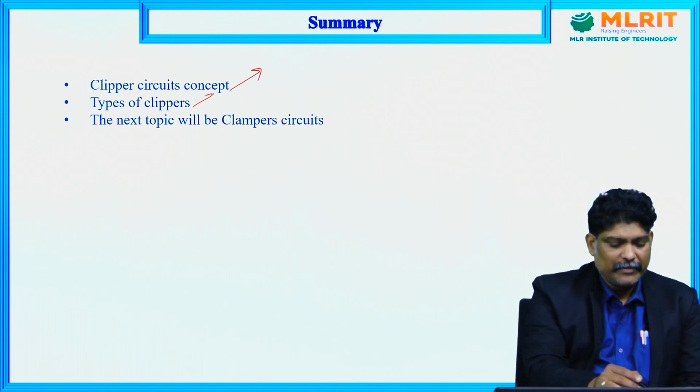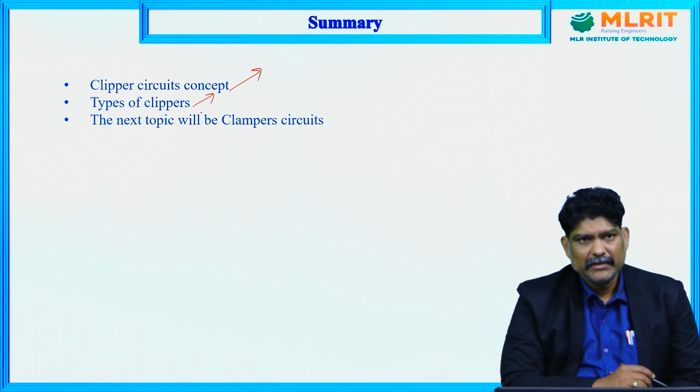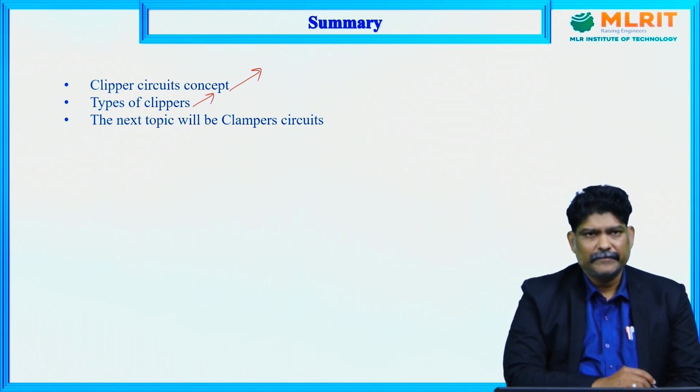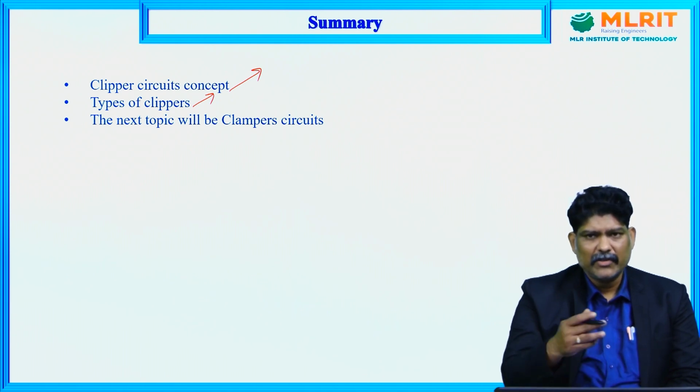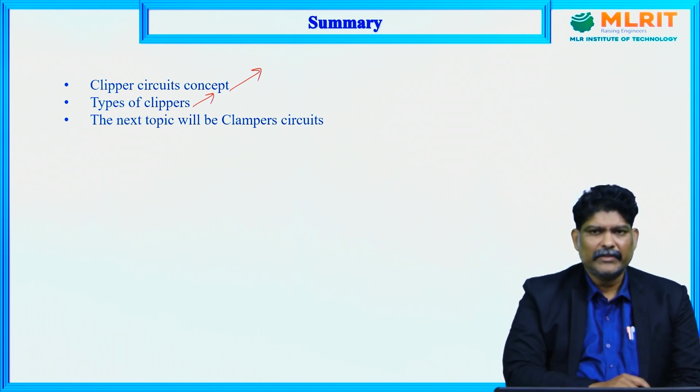And the types of clippers: we have shunt clipper, series clipper, and shunt positive clipper with positive reference voltage, shunt positive clipper with negative reference voltage. Similarly, positive series clipper with positive reference voltage and positive series clipper with negative reference voltage.